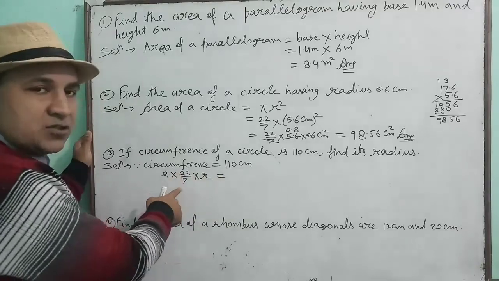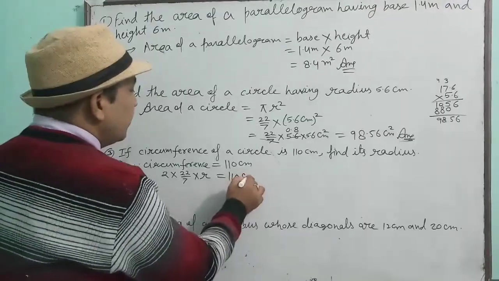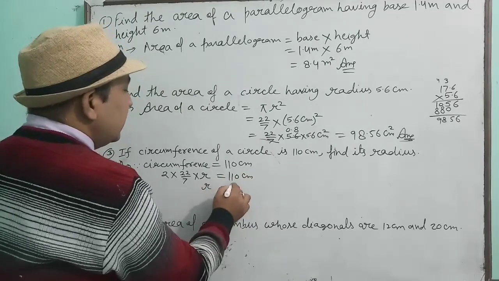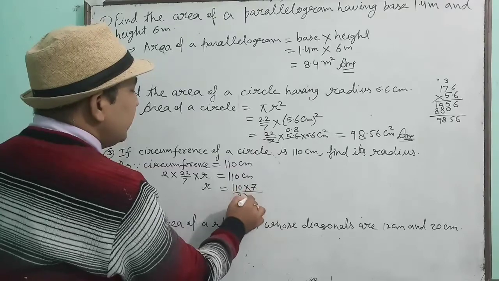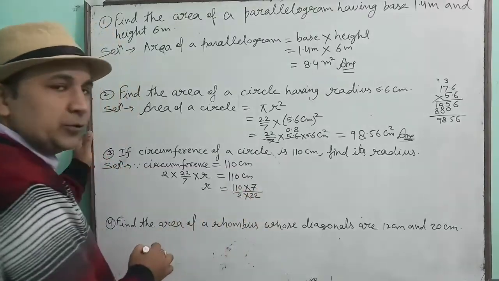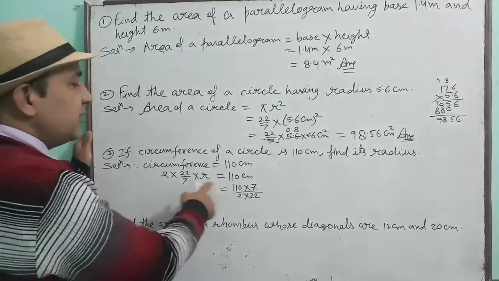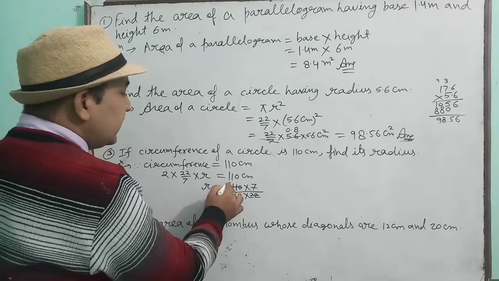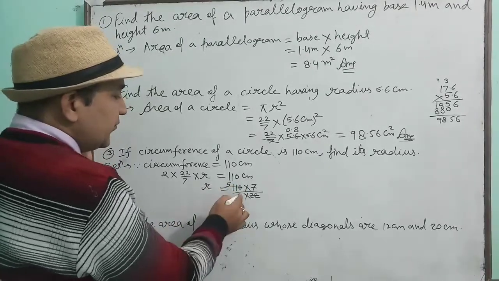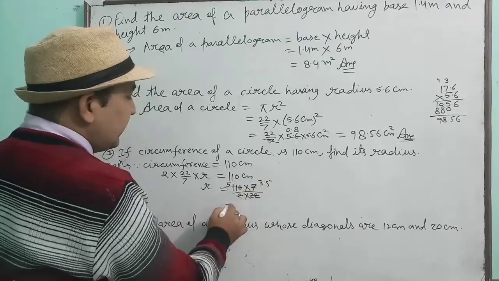The value of pi is 22 by 7 and r is the radius. So from here radius is equal to 110 into 7 upon 2 into 22. 2 into 11 will come down and this 7 will be multiplied with 110. 22 dividing 110 by 5 times. 2 dividing 7 by 3.5 times.